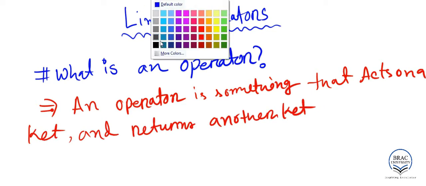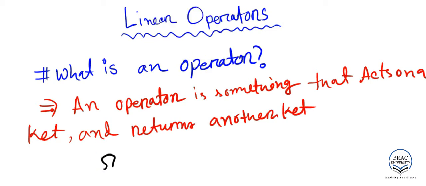That is, if you have some operator omega and you have a ket, let's say v, so this v is an abstract ket vector. Remember, we are not using any representation right now, so we are just working in this abstract notation, and this is our operator, this omega. So it acts on ket v and it will return another ket.